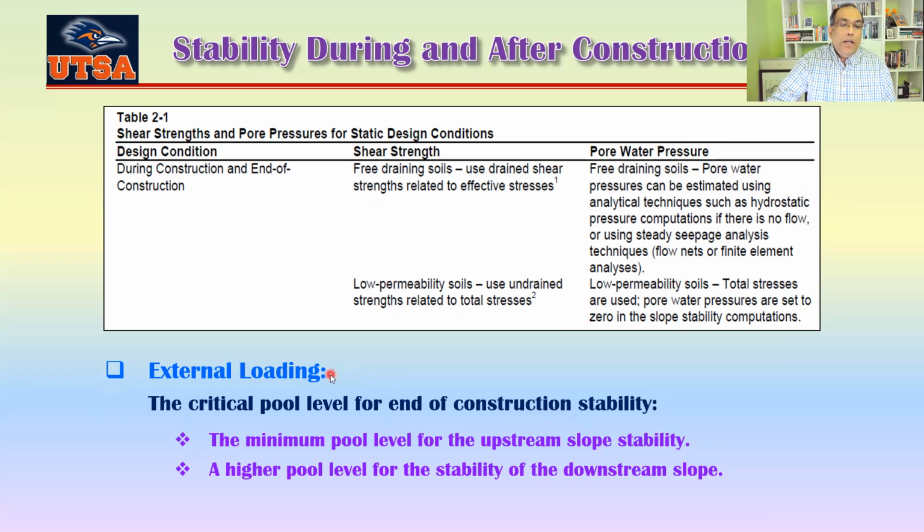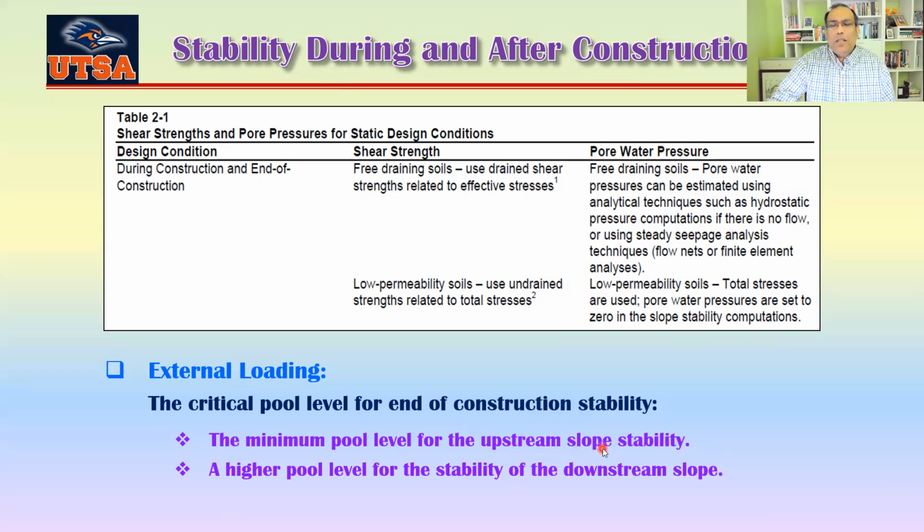Now, external loading. One of the important loads is coming from the water. Okay. So what is the critical pool level for the construction stability? For short term, usually we use the minimum pool level for the upstream slope stability. Why do we do that?